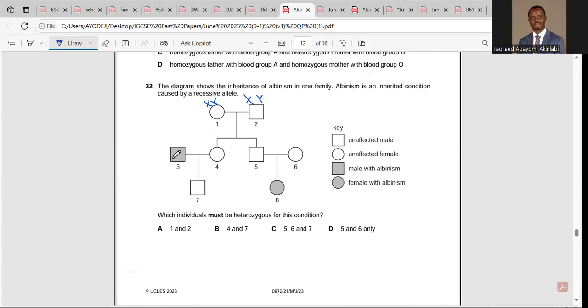All right, for this male with albinism, it will be X^c, Y, while this one will be X, X. For them to have a male that does not have albinism, XY.